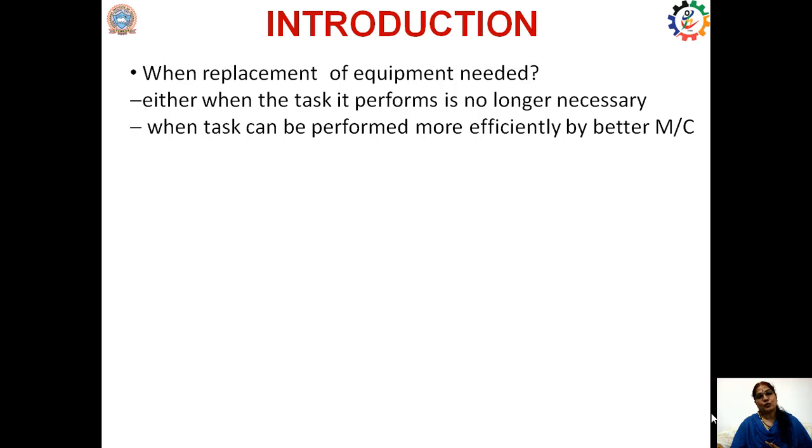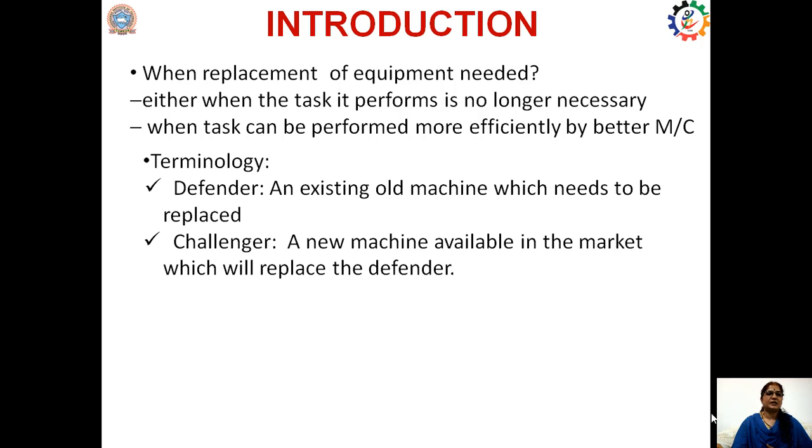There are two options: either when the task it performs is no longer needed, or else the task to be performed is needed but can be done efficiently and in a better fashion by a machine that is available in the market. There are a few terms we use very frequently here: defender and challenger.